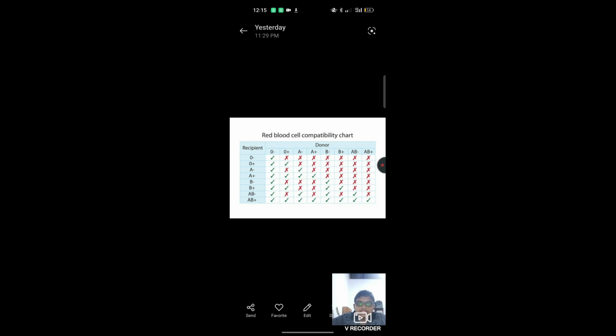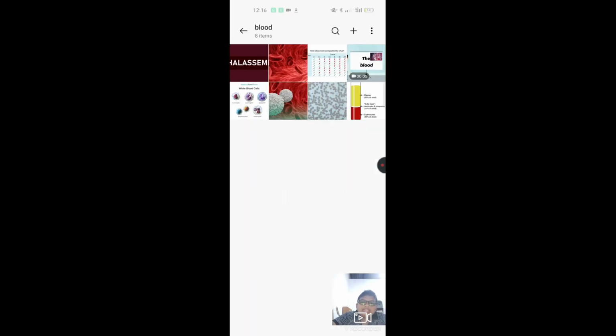The recipient can take blood from any blood group, and that is the best blood group a person can have, because it has all three proteins including the rhesus factor. So that is about the blood.